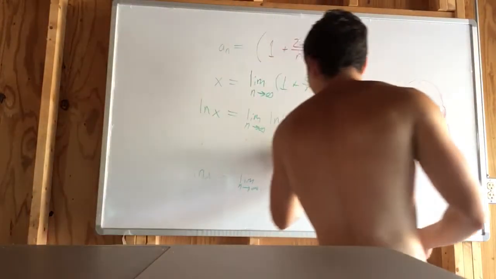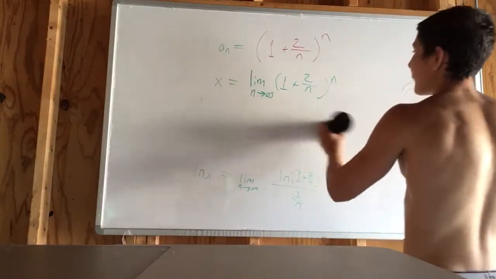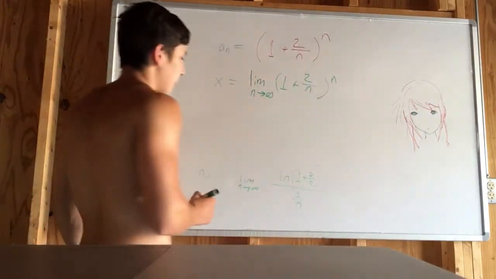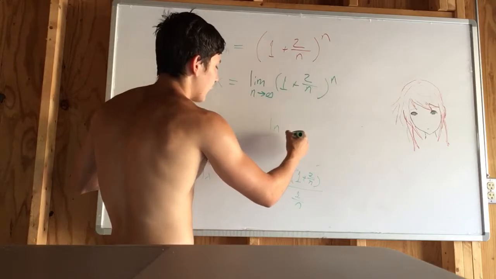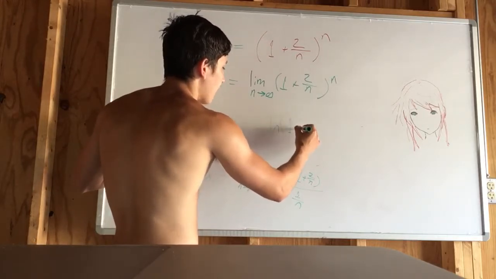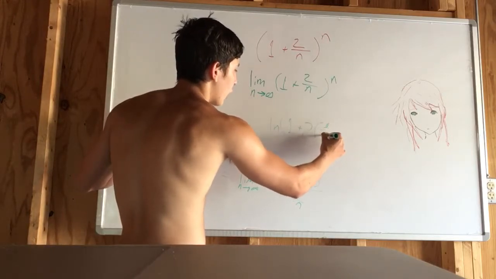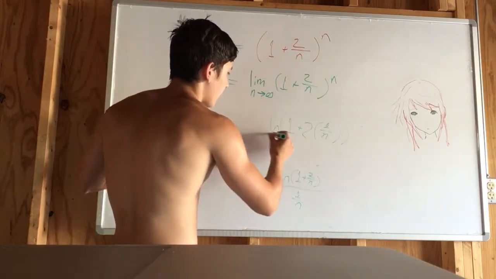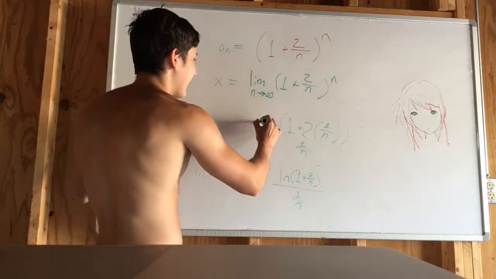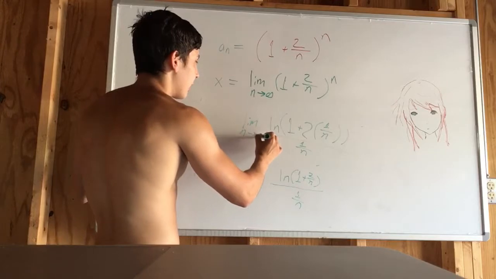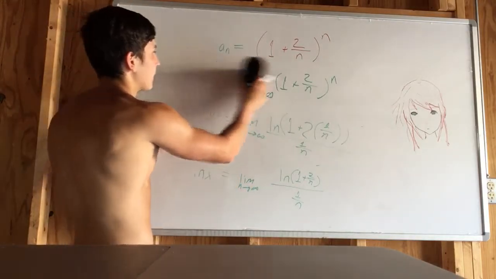Let's bring that up here and see what we get. We've got the natural log of 1 plus, and then we factor out that 2, and we've got 1 over n. And this is all over 1 over n. We're taking the limit as n approaches infinity, and this is the natural log of x.